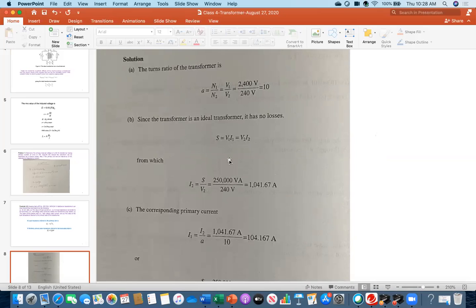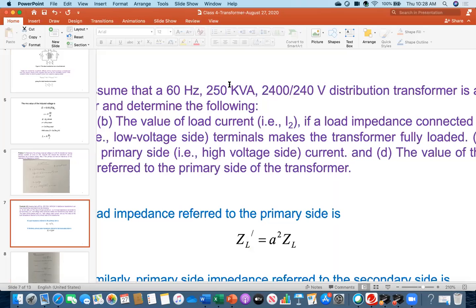There is primary voltage, secondary voltage, and primary current, secondary current that we will be calculating, but the kVA rating is only one. That is the reason it maintains the balance between the primary side and the secondary side.